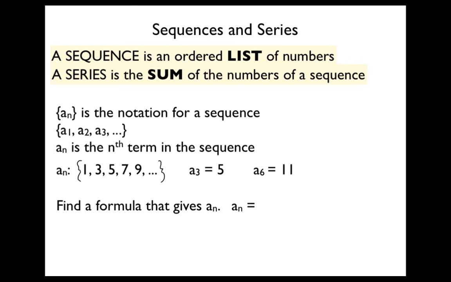So for those who didn't see that, and those who don't remember, we want to find a formula. So what formula using n would generate the nth term of the sequence? One thing that often helps with this, especially for harder ones, is make a table of values.